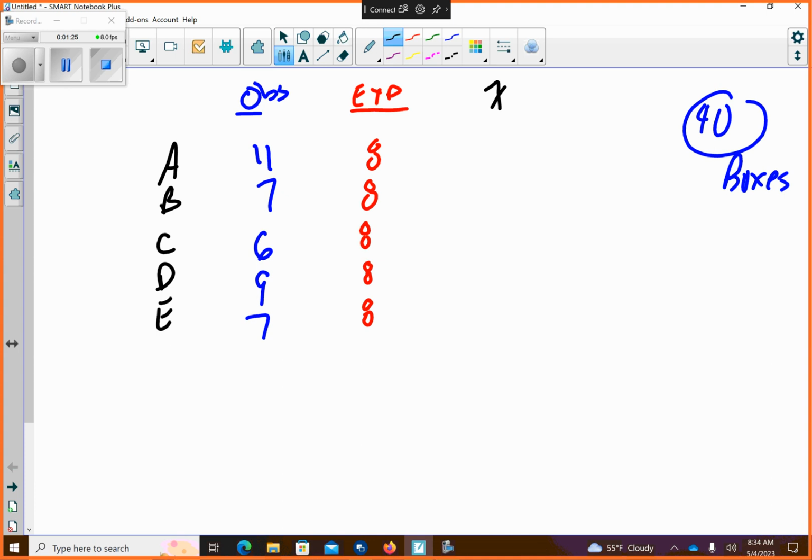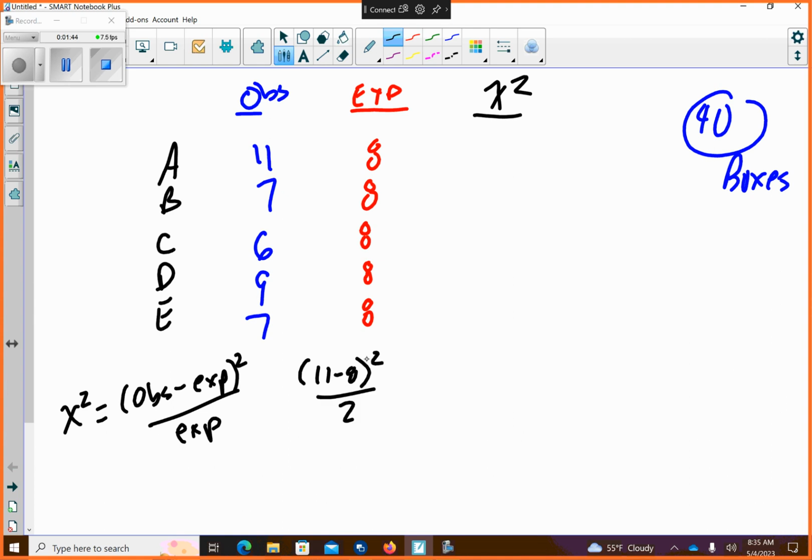So the chi-squared equation is observed minus expected quantity squared over the expected. If I went through each segment of it, I would get 11 minus 8 quantity squared over 8, and that would give me 1.125.